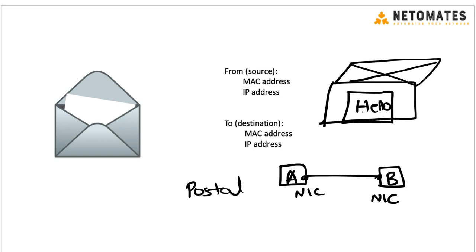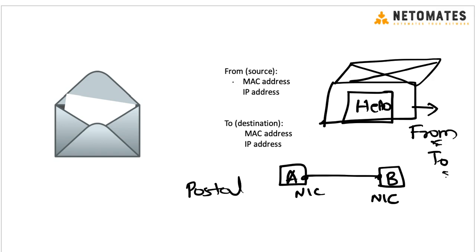In this case, normally on the letters you will write a from address and a to address. The from address is basically who is sending the letter. The to address is basically who should be receiving the letter, right? Similarly, a computer also uses the same things, but instead of the street address, the computer has to put its own address.